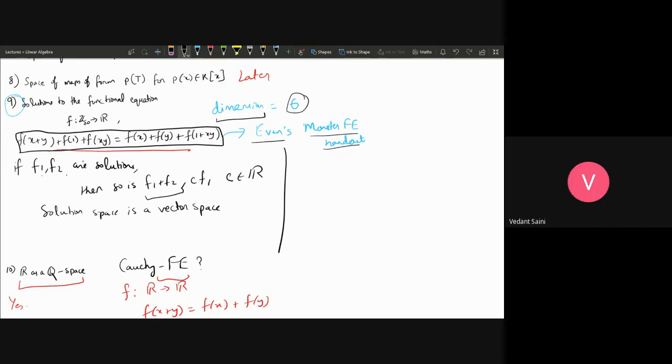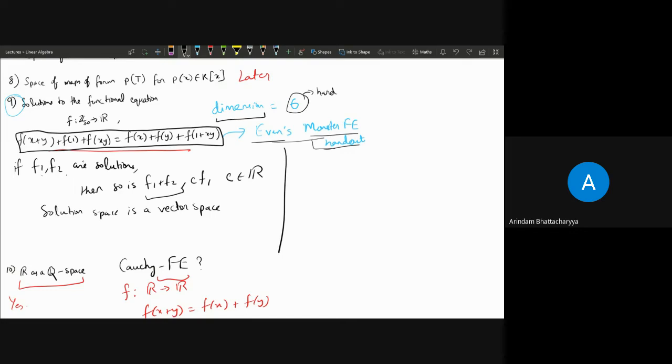I was asking how do we get the dimension equal to 6? Yeah, that's the hard part, because the problem itself is hard, so figuring out the dimension is also hard. This has a solution, but I won't talk about it now because it's a bit tricky.